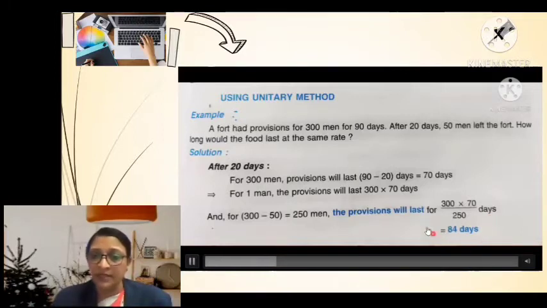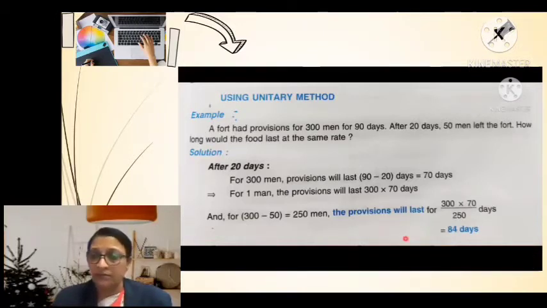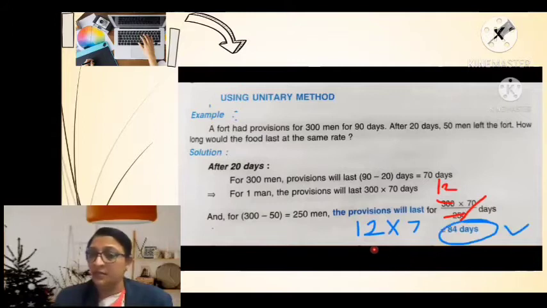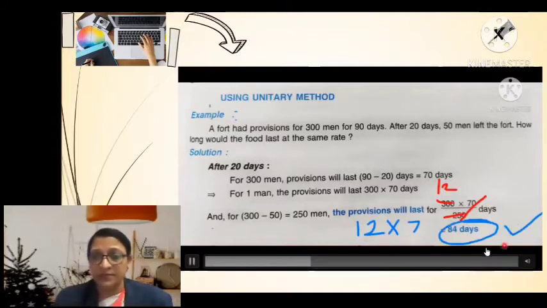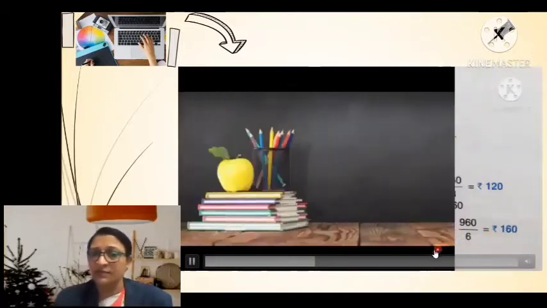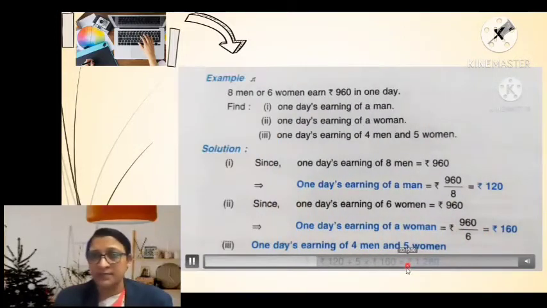On calculating here, 300 multiplied by 70 upon 250, we will get 12 into 7, that is 84 days. So provision will last for 84 days.